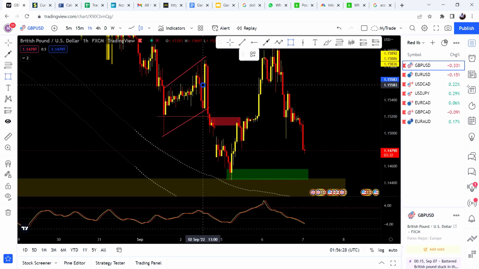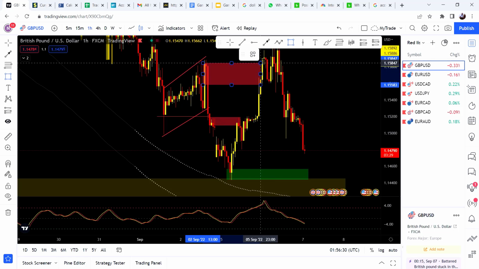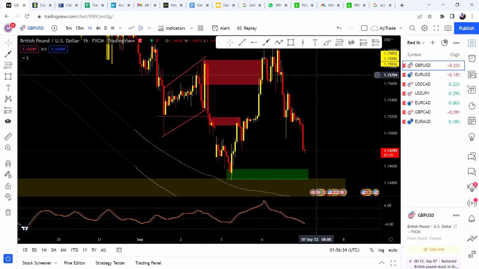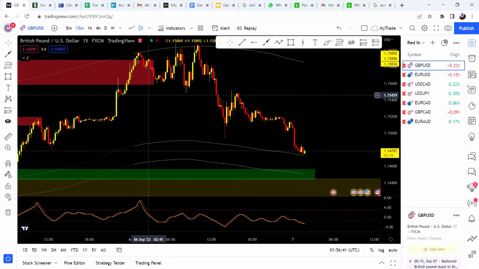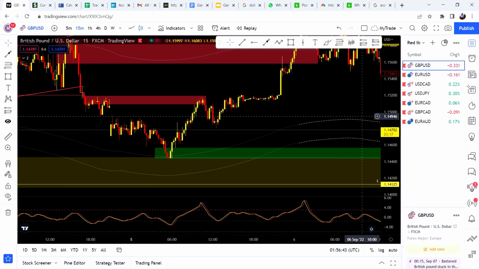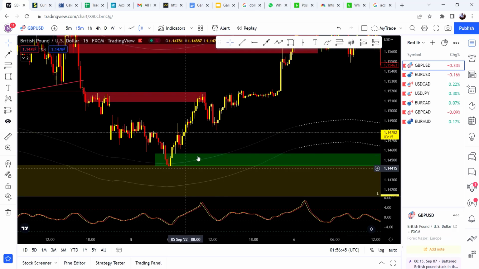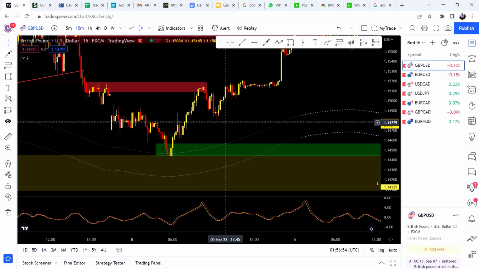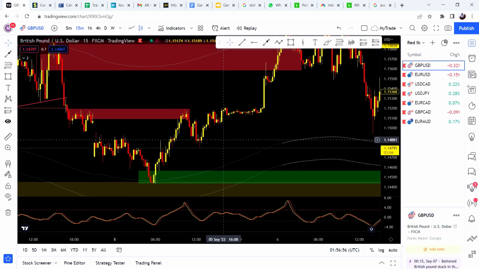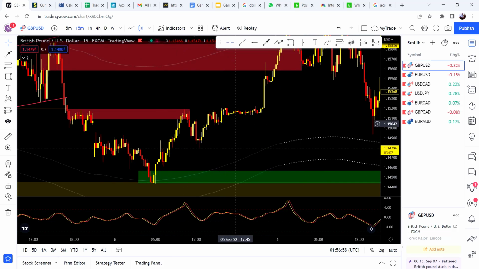And I also used this to mark the zone. Something like this. So when price came into the zone, I was expecting a W pattern to go long, but it didn't happen. And I decided not to enter any of the buys.